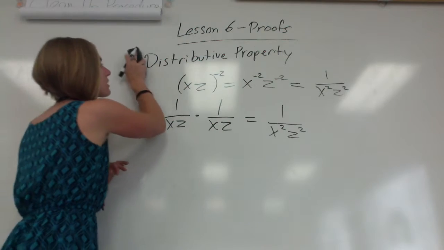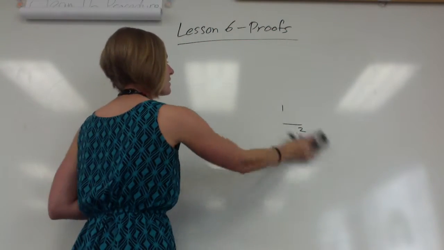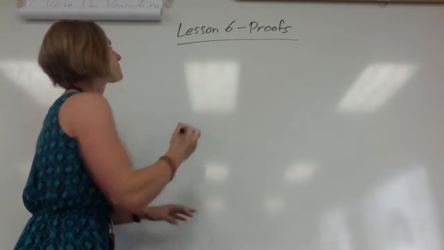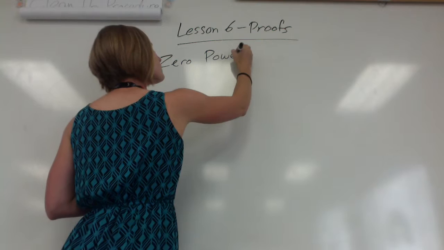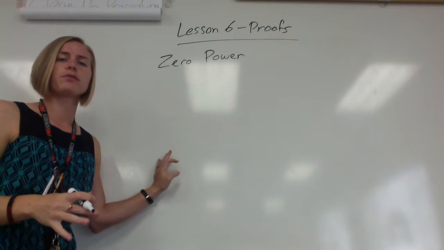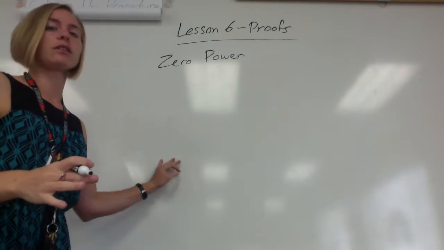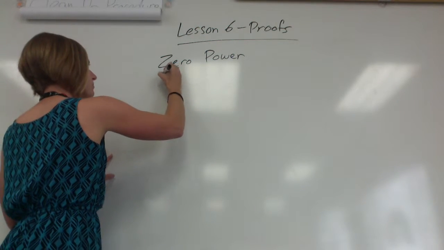All right, let's take a look at 0 power. This is the last one, I promise. Okay, we've seen a couple ways to prove 0 power, so I'm just going to go through them really, really fast. Let's do 2's.